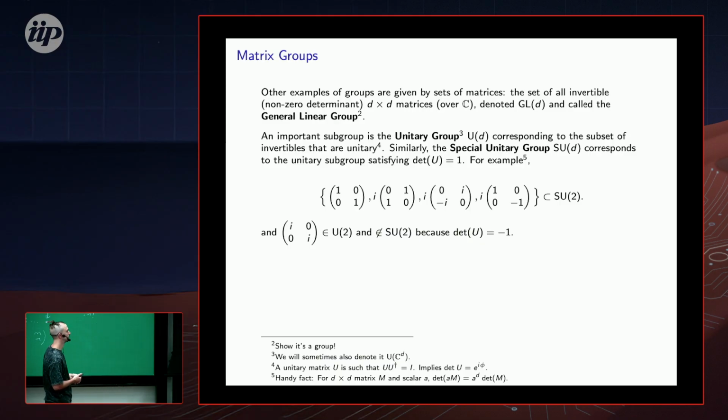A little trick one can use is that if I want to compute the determinant of a scalar times a D by D matrix, this is the scalar to the power D times the determinant of the D by D matrix. So the determinant of, say, iX, since it's a 2 by 2, is i squared times the determinant of X. The determinant of X is minus 1, times i squared, which is 1. And we can check that all of these matrices in this set are in SU(2).